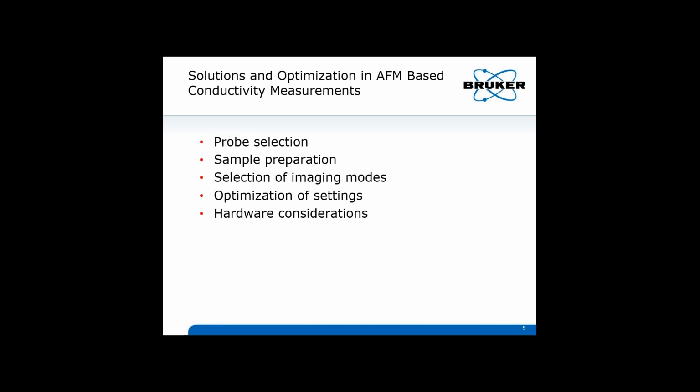Because the sample bias is applied through the system to the sample top surface, we need to make sure there is continuity from the top surface to the chuck. The third one is the selection of the imaging modes, followed by optimization of the settings, especially in contact mode, and hardware considerations, including the accessories and the application modules.